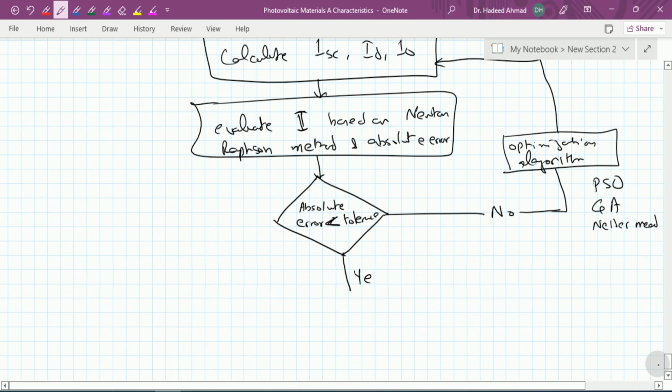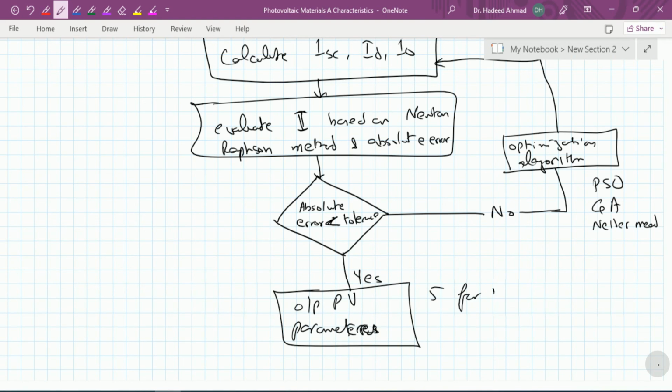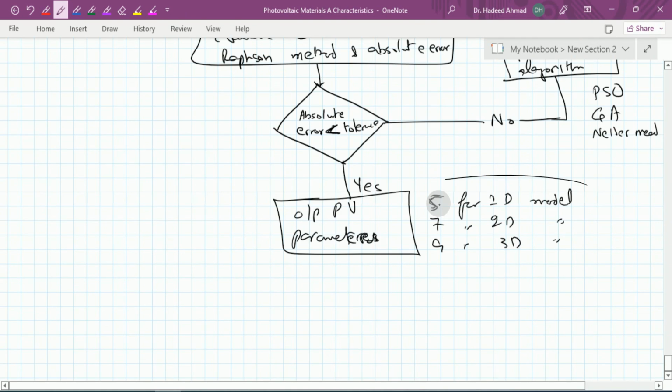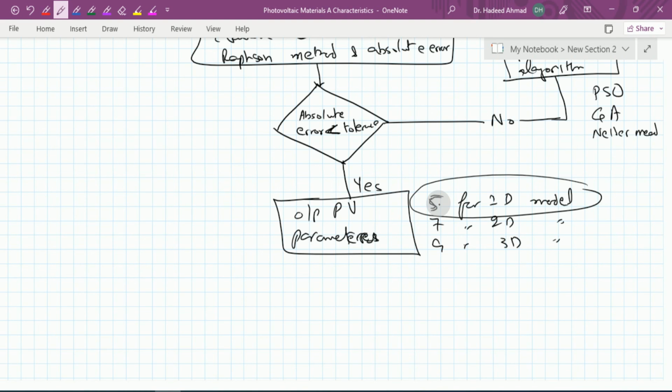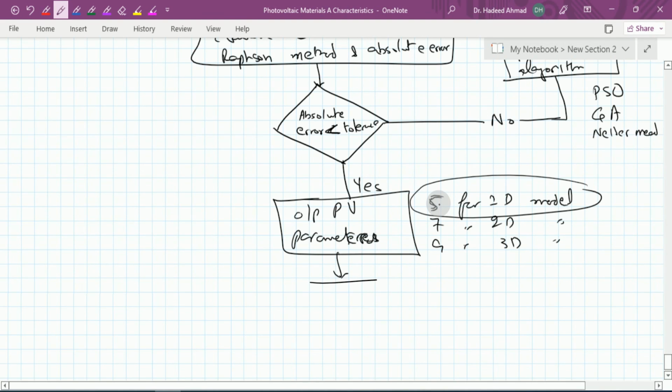And if it gives you the value which is less than this tolerance value, then it will output the PV parameters. And these PV parameters are 5 for one diode model, they are 7 for 2 diode model, and they are 9 for a 3 diode model. 5 unknown parameters are the output of this program for this PV cell, and thereafter we end the program here.